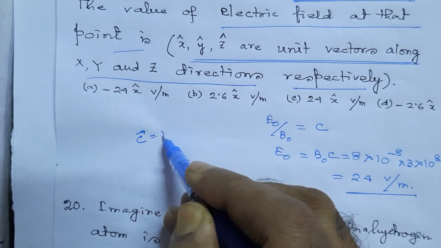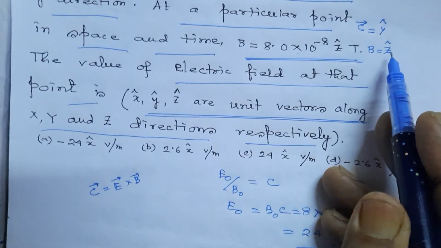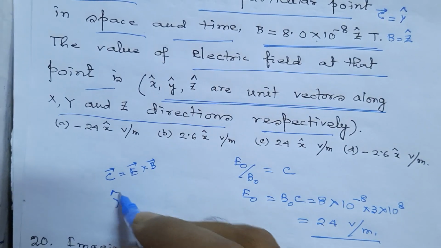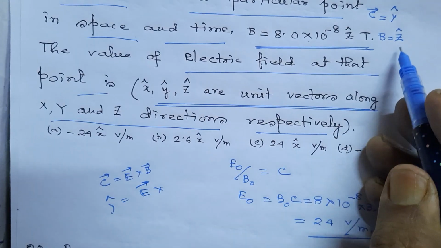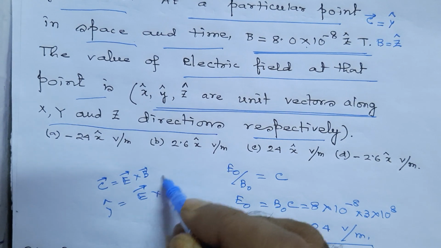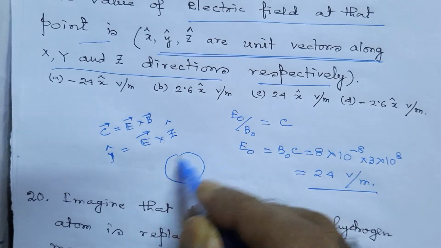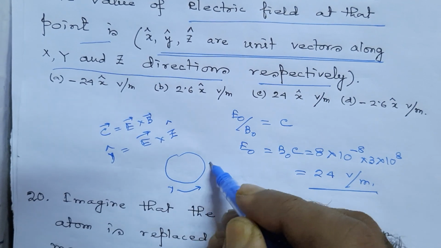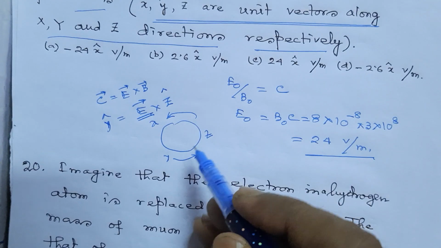The direction of propagation c is along E cross B. Now the wave is along the y direction. We do not know the direction of E, and the direction of B is along the z direction. So how can we get y? Y, z, x, so E is along the x direction.